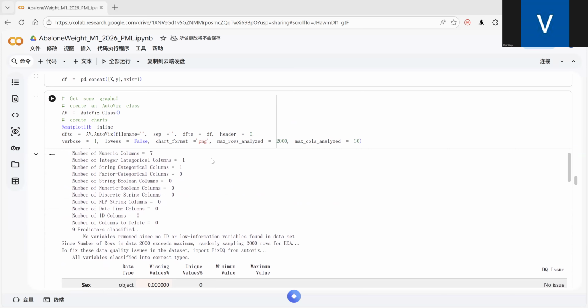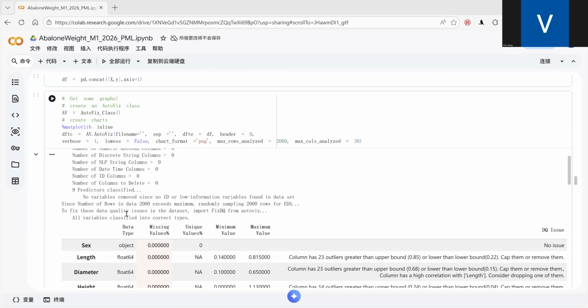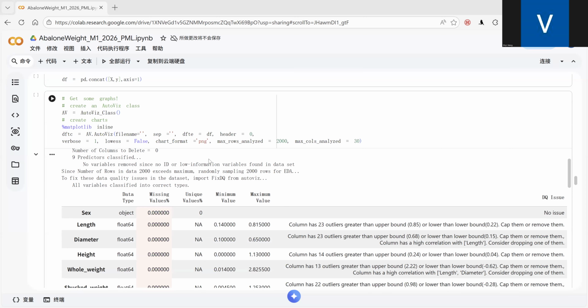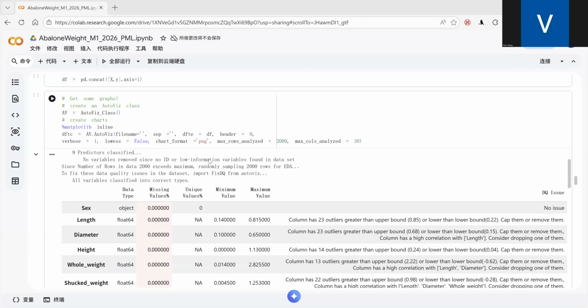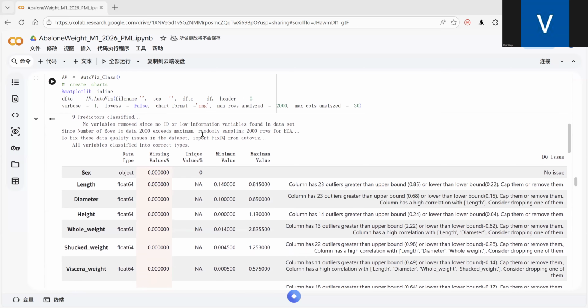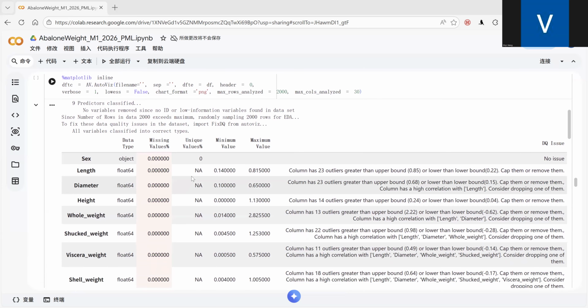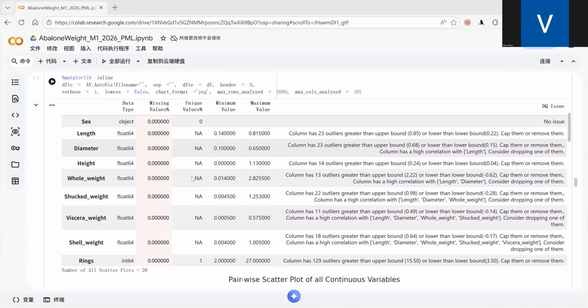What does AutoViz do? It auto-generates EDA with a DataFrame like this here. Okay, let's move on to the result of that. Here is the data quality table.